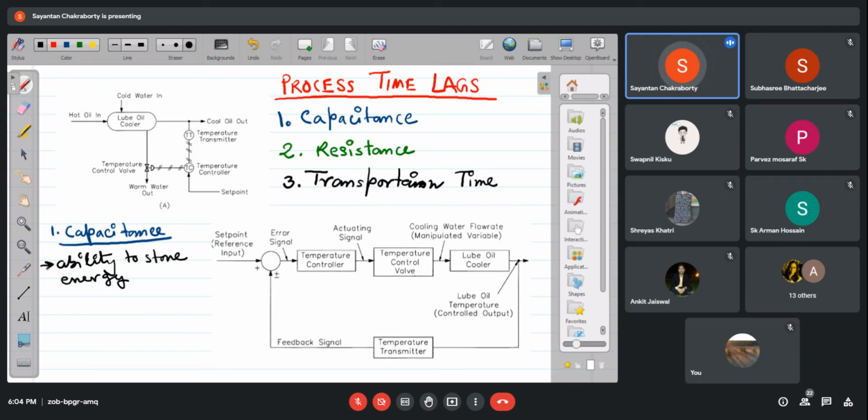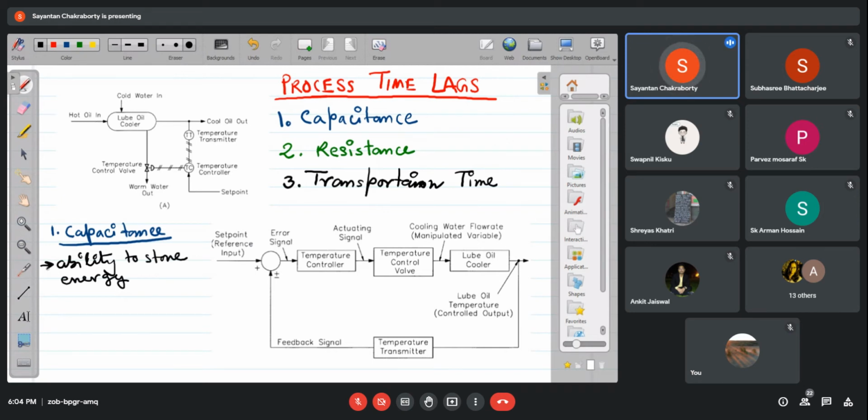Therefore, this energy-storing property has a tendency to retard any change. How? Suppose you see that the temperature of the output lube oil is more than the set point. Instantaneously, you will open the control valve so that more cold water will flow to the lube oil cooler.